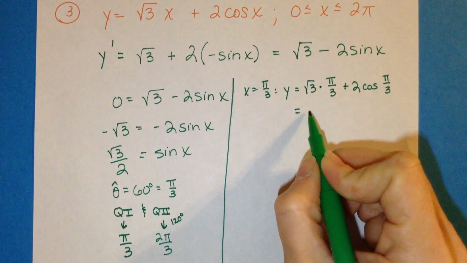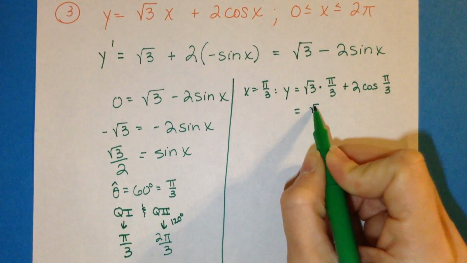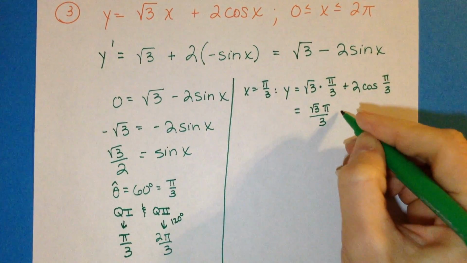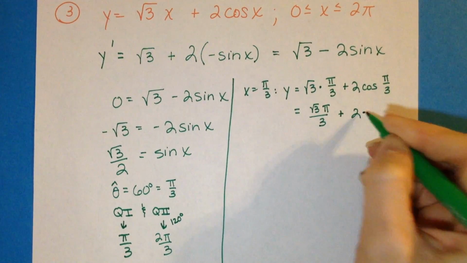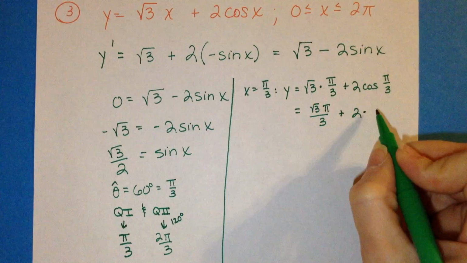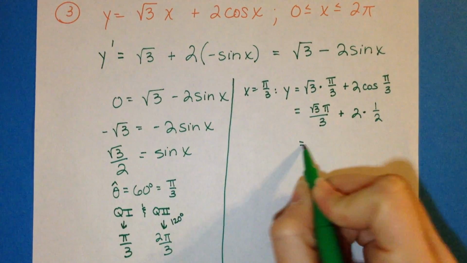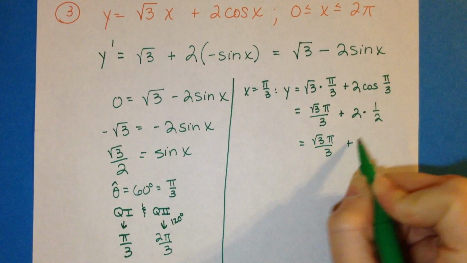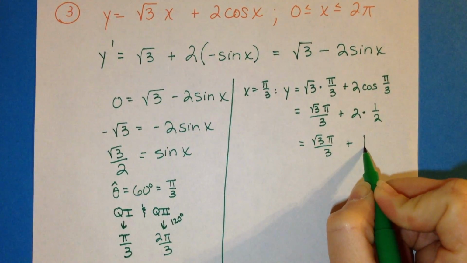Okay, so this is just going to be square root 3 pi over 3 plus 2 times, now cosine of 60 degrees is 1/2. So of course 2 times 1/2 would just give you 1.